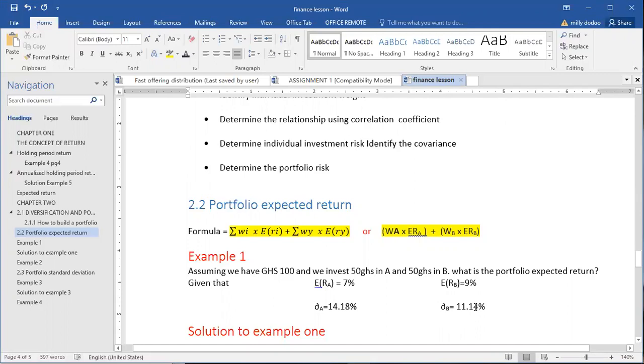How are we going to solve the expected portfolio return? If I should break it down for you, given that I have 100 Ghana cedis and I want to invest it in 2 of you, and one person is Delphina, the second person is Richmond.